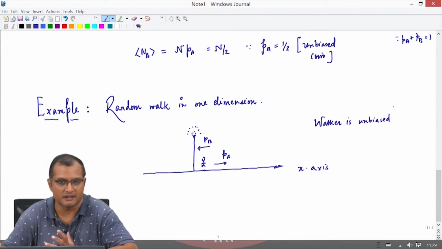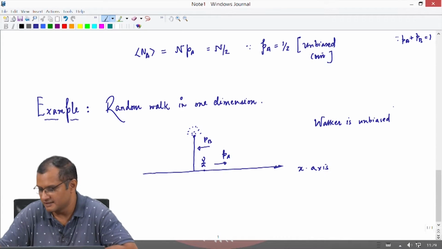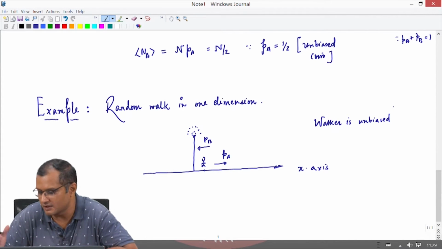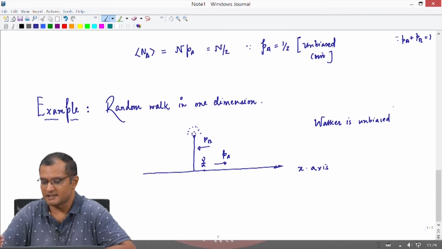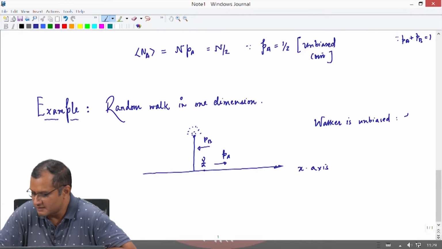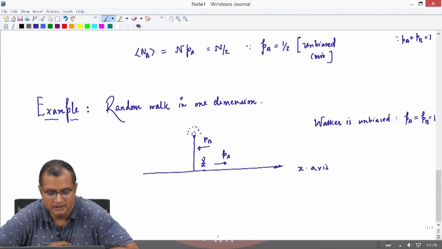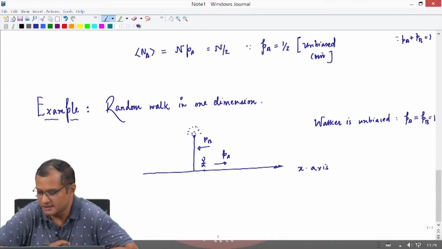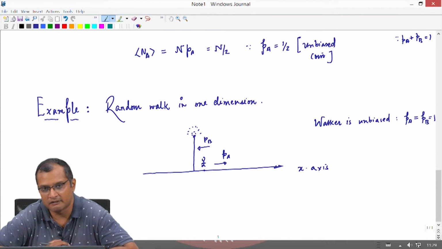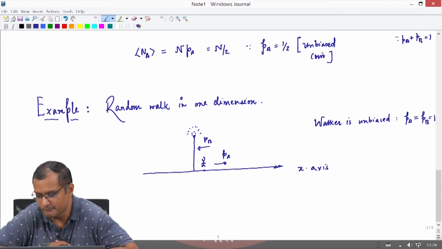Naturally, this has to be a drunkard walker. Okay, he has consumed so much alcohol that he does not know where to go. He is unbiased. So, which means he is sufficiently drunk for his probability of forward step and the backward step to be equal. Okay. He is taking steps in the forward direction and the backward direction with equal probability.